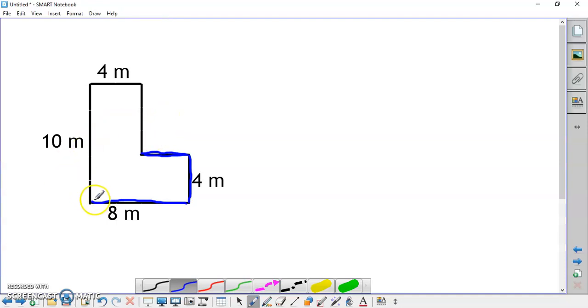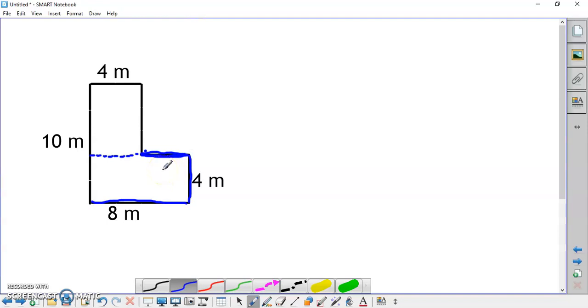If this side is 8 meters, from here to here would also be 8 meters. But I only need to include this part of the 8 meters in the perimeter.